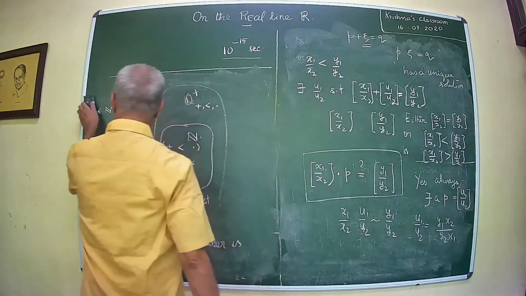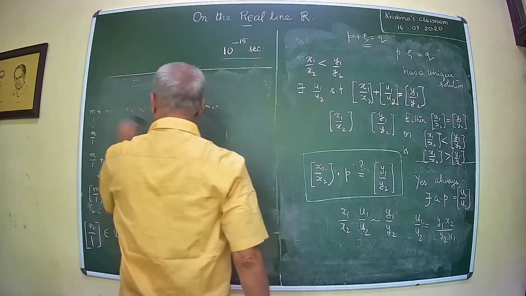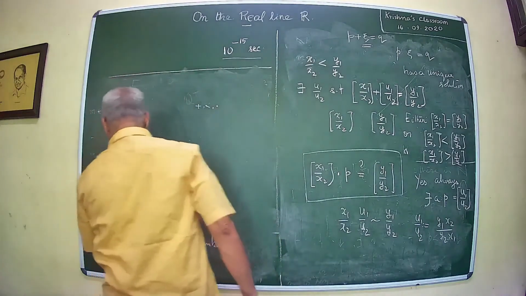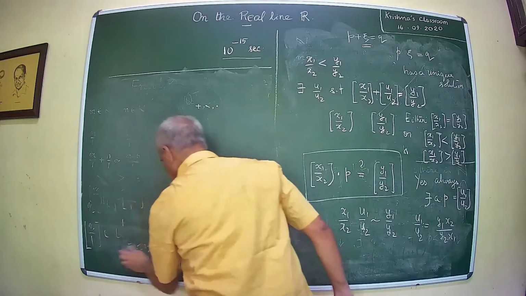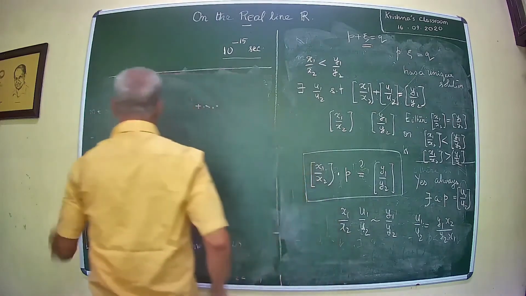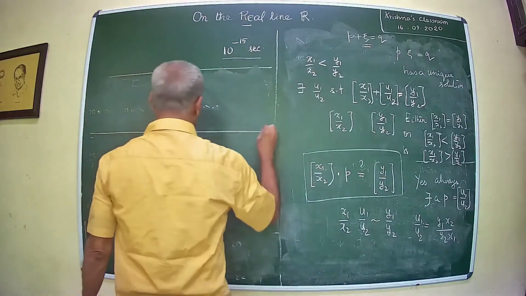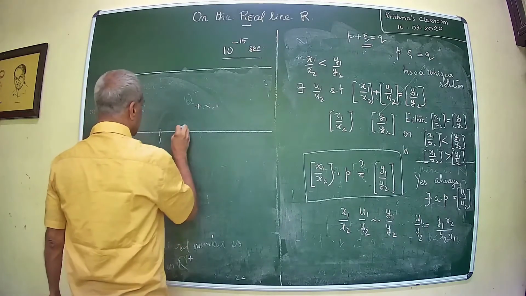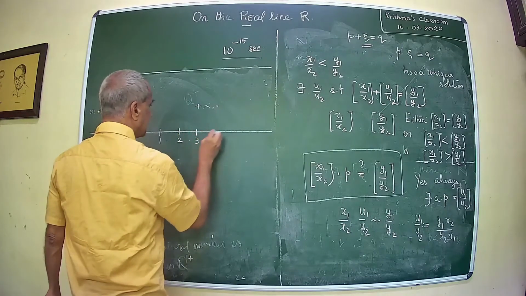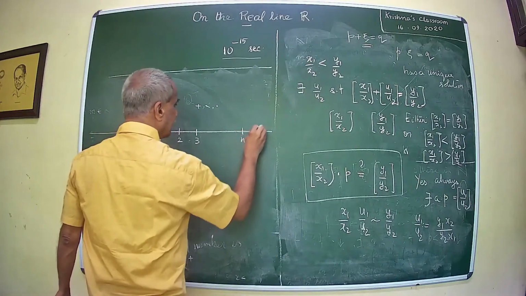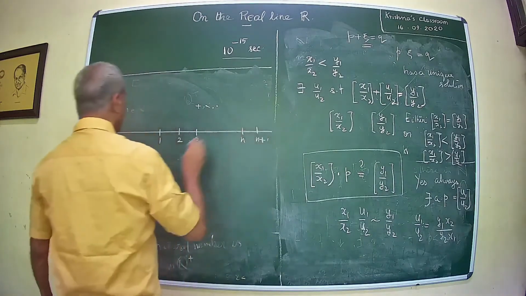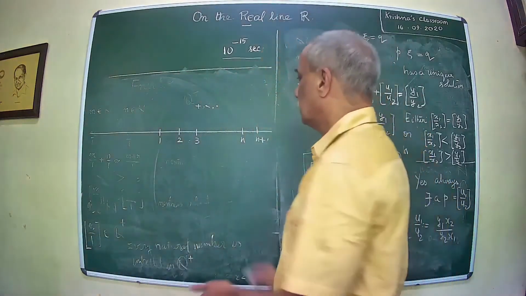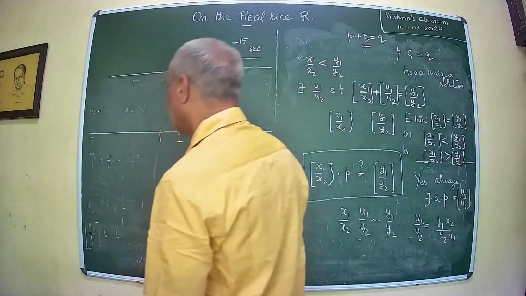Now, one of the things that we normally do is try to put them on a line. So you start marking 1 here, 2 here, 3 here, etc., n here, n plus 1 here. Now they form what is called the number system. Now what is it that you are doing?